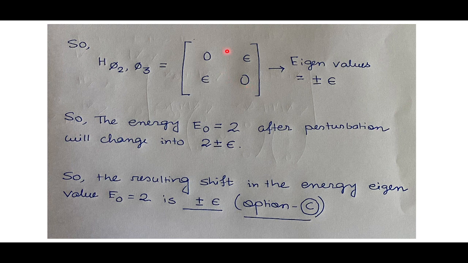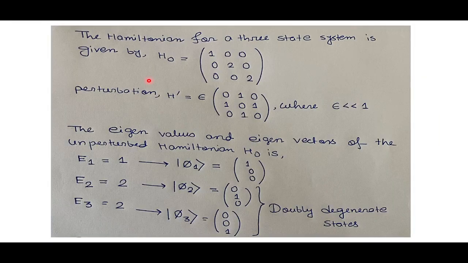What I have done is found the perturbed Hamiltonian only for the two states phi 2 and phi 3. You can see from the h dash Hamiltonian, you have the first two terms 0 epsilon and epsilon 0, right. So this part of the matrix will give you the correction for phi 2 and phi 3.